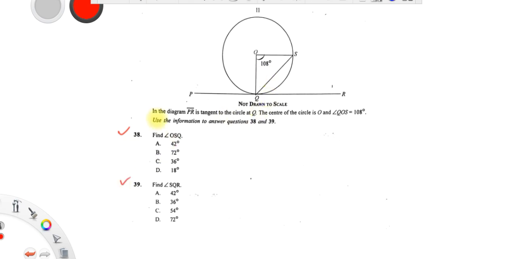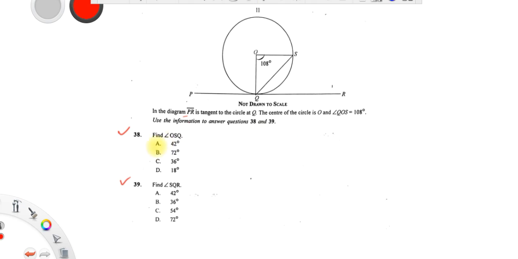In the diagram, PR is tangent to the circle at Q. So this PR is tangent to the circle at this point Q. The center of the circle is O, and you see that QOS is 108 degrees. Use the information to answer questions 38 and 39.